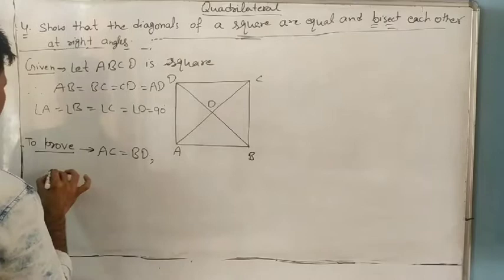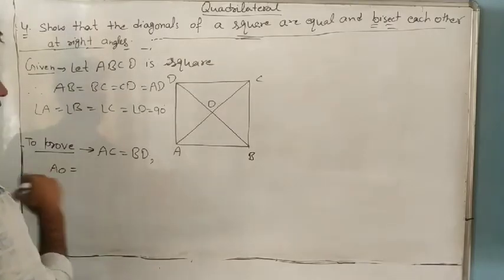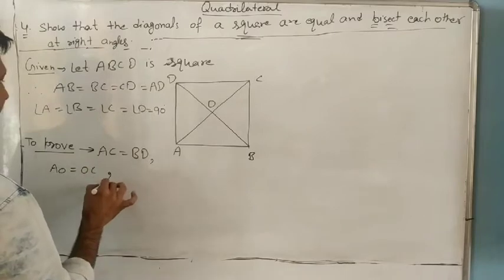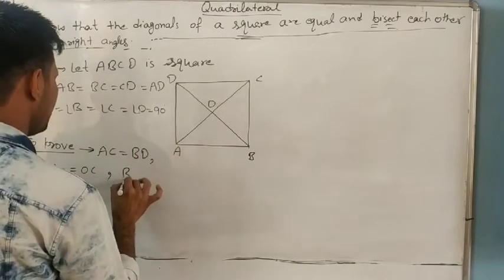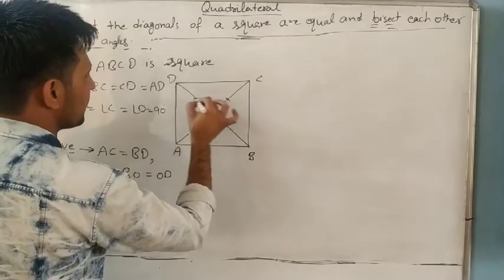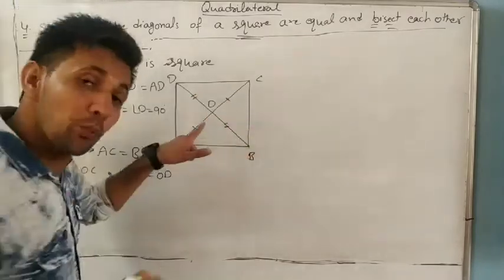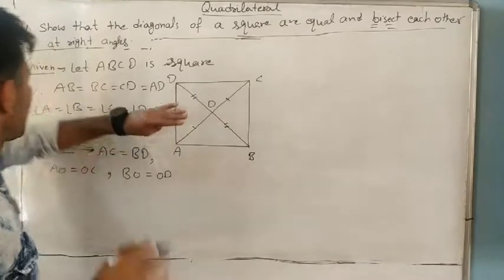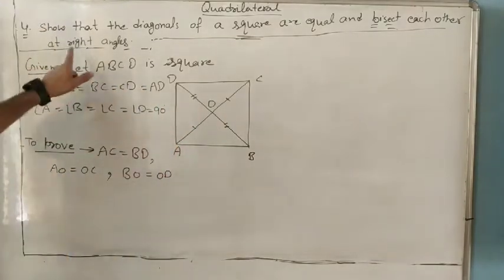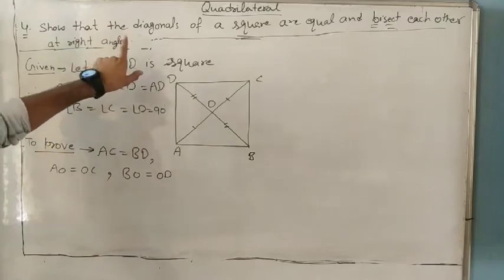It means we have to prove AO equals OC, BO equals OD. This one equals this one and this one equals this one. We have to prove that; this is not given. Given is only that each side is equal and each angle is 90. Third is at right angles.